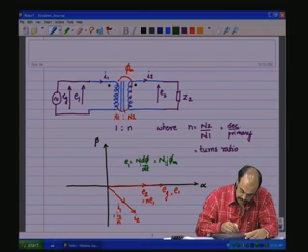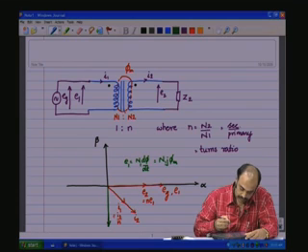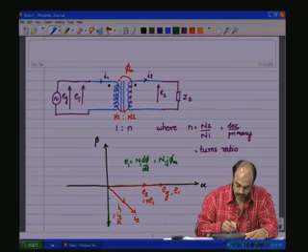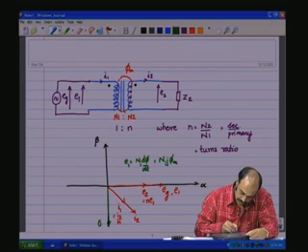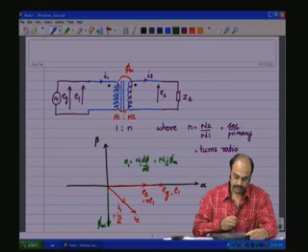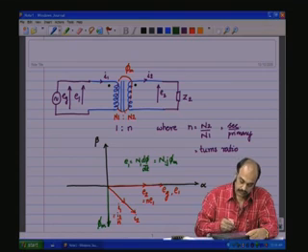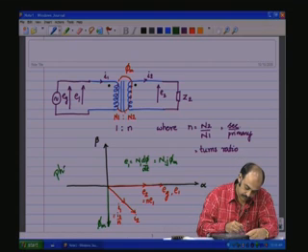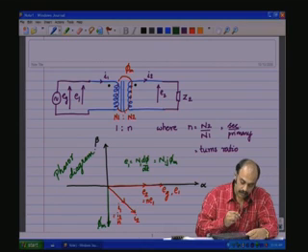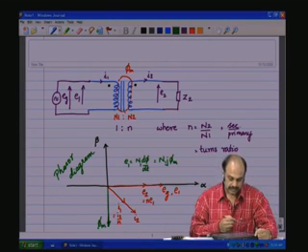What it basically means is that the phi m direction is rotated anti-clockwise by 90 degrees by j to obtain the direction of the induced EMF, which is E. So, this would be the phi m direction. So, this is the phasor diagram for this idealized transformer.